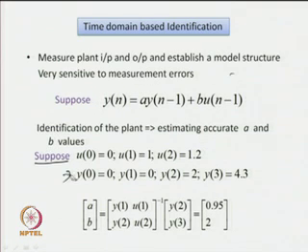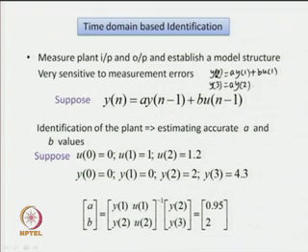How can we estimate? Since we know that y(n) = A y(n-1) + B u(n-1), I can write a set of equations here for various values of n. So, y(2) will be equal to A y(1) plus B u(1), and y(3) will be equal to A y(2) plus B u(2).